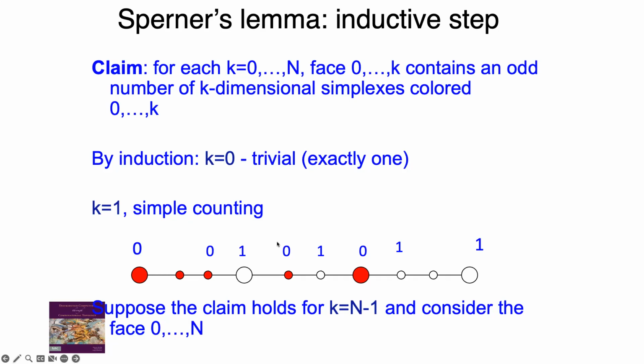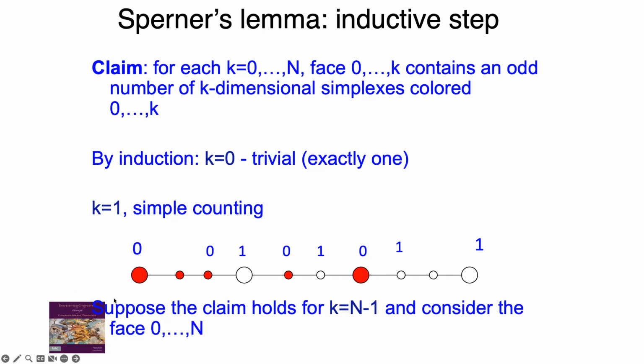So this is a simple case of dimension 1, and the argument is as simple as that. So we can extend it to any dimension by induction. Our induction hypothesis is that the claim holds for k equals n minus 1, and we consider the phase of all colors 0 to n.